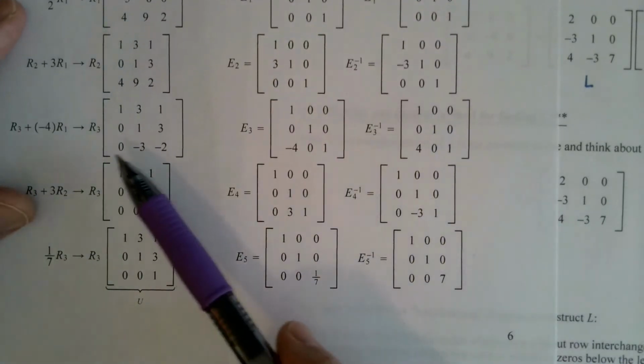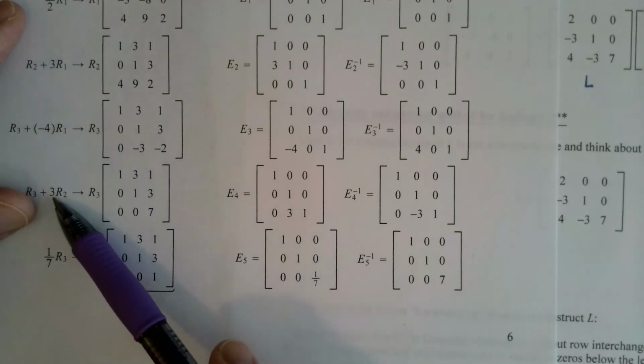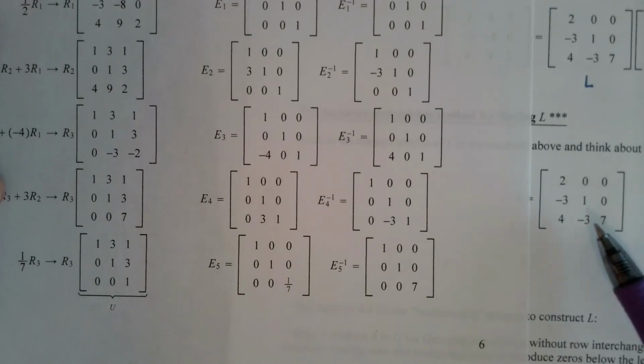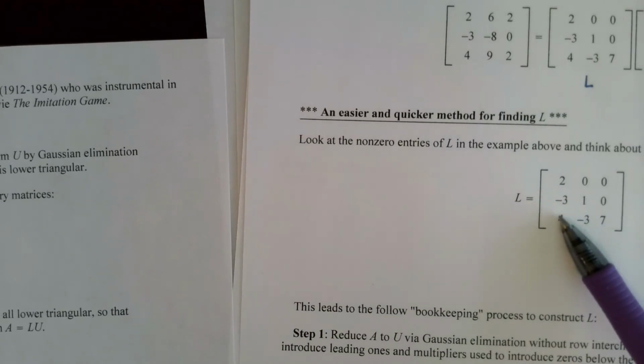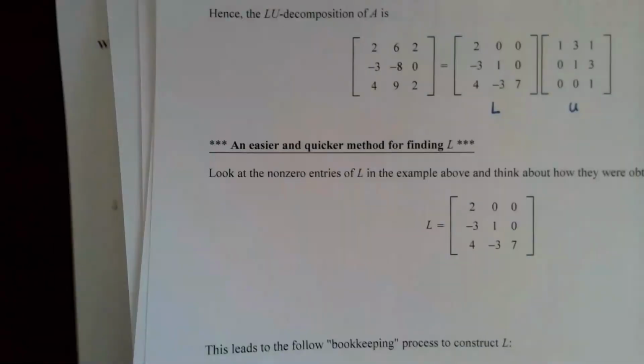And then go down to this 0 here. How did we get this 0? We multiplied row 2, the pivot row, by +3. The multiplier was +3. The opposite of that is -3. And so it turns out that these entries in our lower triangular matrix are the opposites of the multipliers that we use to introduce those leading zeros.